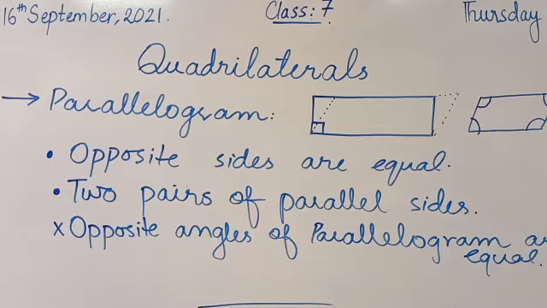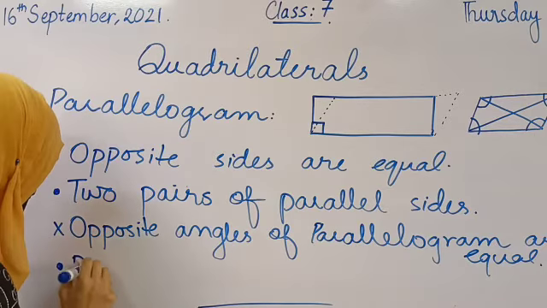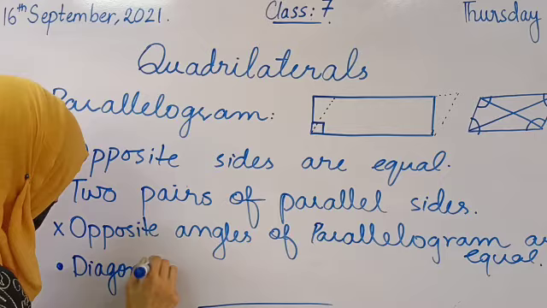Now, what about its diagonals? What about the diagonals of a parallelogram? There are two diagonals and they bisect each other. Now see the diagonals of a parallelogram. Are they equal in length? Yes. And do they bisect each other? Yes. So this is also a similarity between a rectangle and a parallelogram.